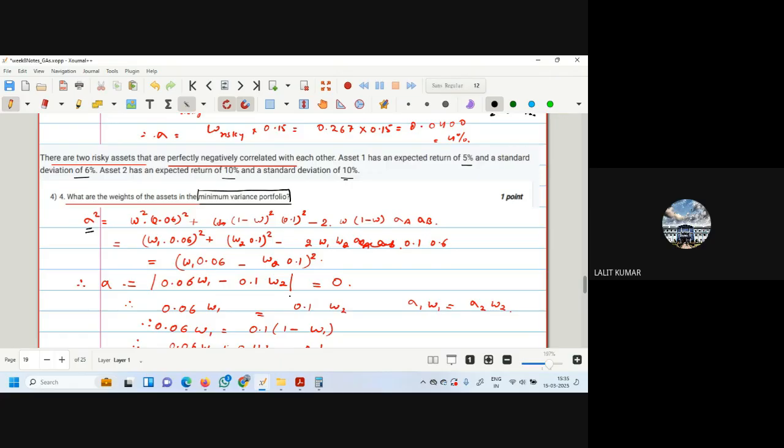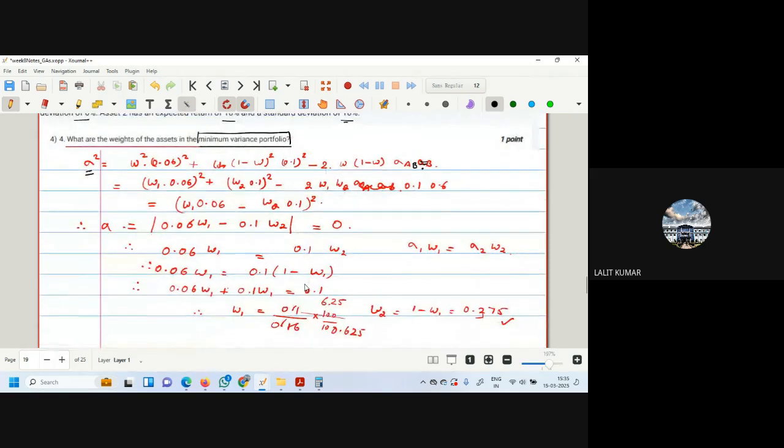Sigma AB is perfectly negative, so correlation is minus 1. When you put it in the formula, it becomes the square of W1 times 0.06 minus W2 times 0.1. So your standard deviation will be the absolute value of 0.06 W1 minus 0.1 W2.